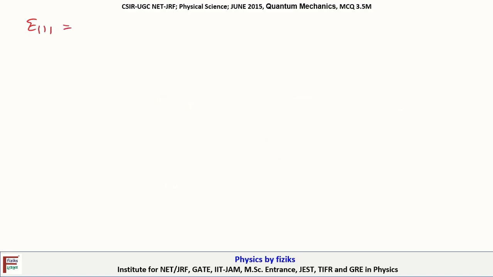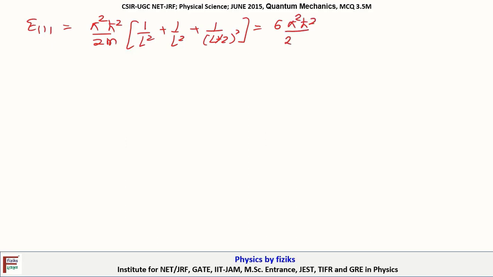E11 would be pi square h cut square by 2m into 1 by L square plus 1 by L square plus 1 by L by 2 square, which equals 6 pi square h cut square by 2 m L square.